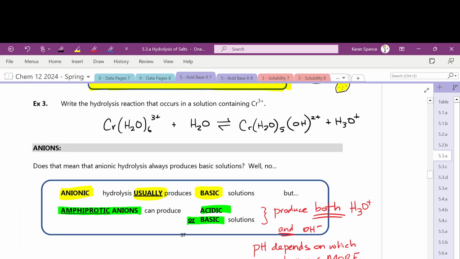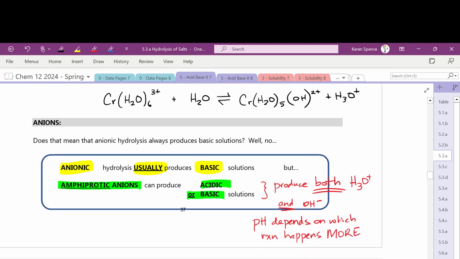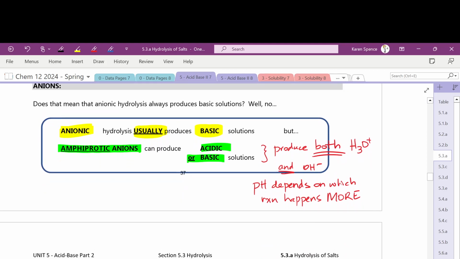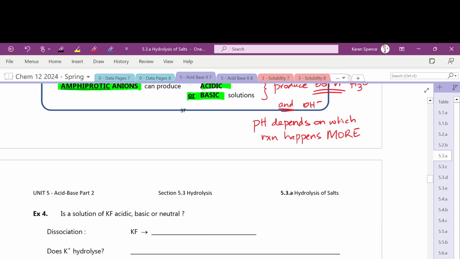Okay, most anions just produce the basic solution. But the amphiprotic ones, we have to be a little more careful in our look here. So let's take a look, first of all, at a solution of KF.